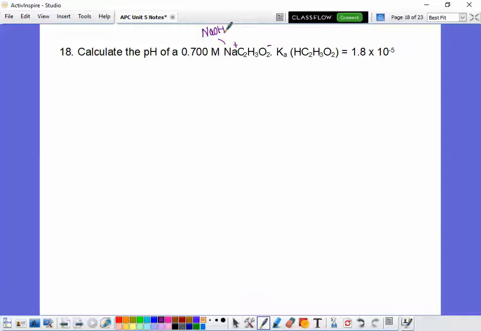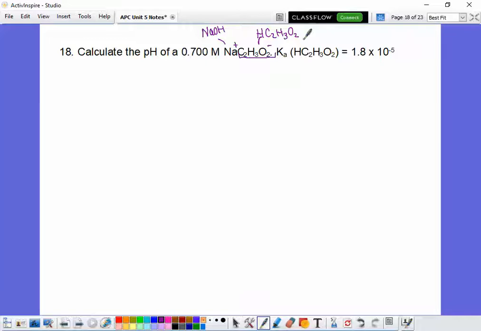You can ignore all alkali metals, and you can ignore all halogens, really, because they're always going to be coming from strong acids and strong bases. So therefore, the C2H3O2 minus, that comes from what acid? Acetic acid, which is a weak acid.